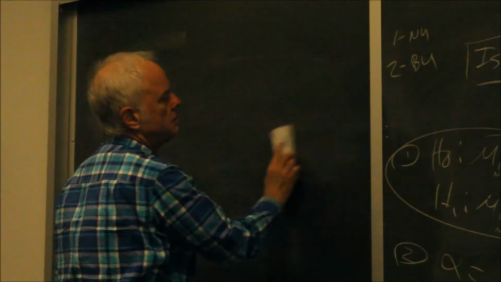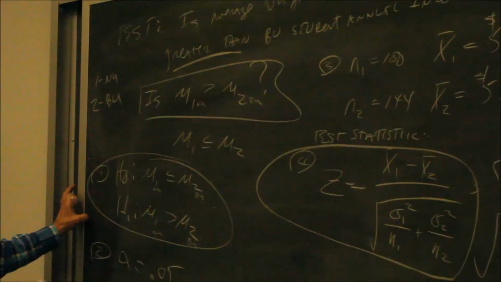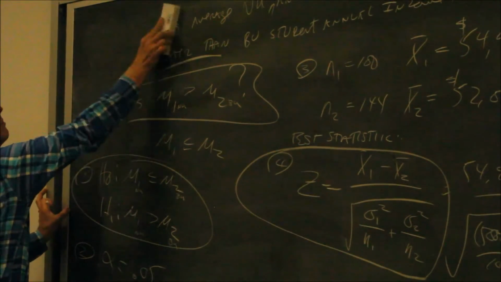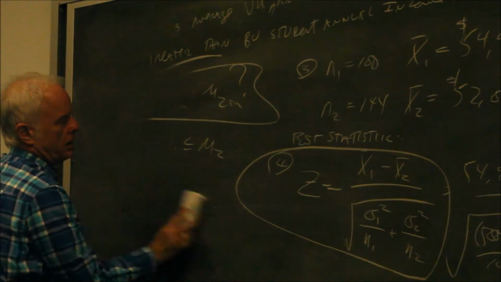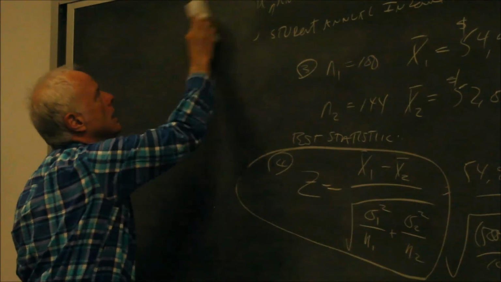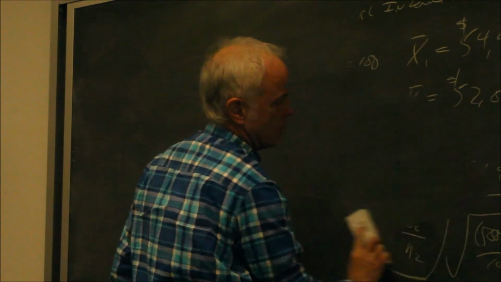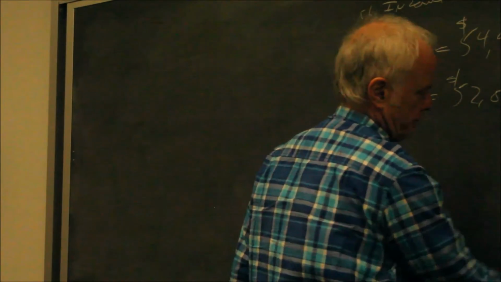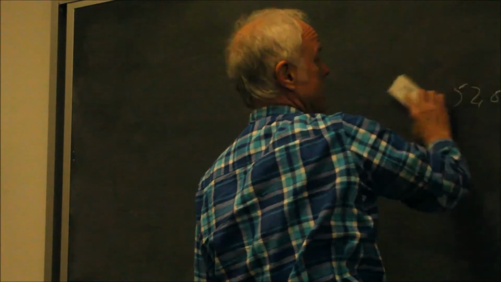We move over to the last part of this chapter. And before we go there, remember that we could also be testing if pi 1 is greater than pi 2, if the proportion of some population is greater than the proportion of some other population.